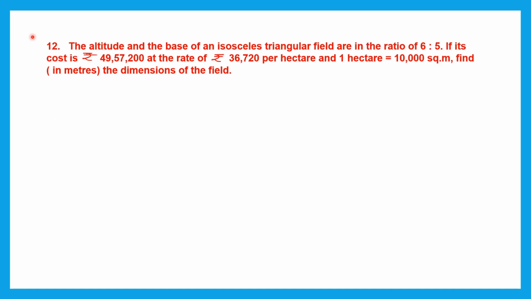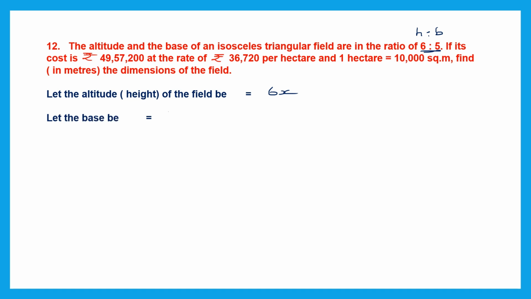So let's read the question. The altitude and the base of this triangle are in the ratio 6:5. The ratio of altitude, that is height, to base is given to us. So now we can write that let the altitude or the height of the field be 6x and let the base be 5x.